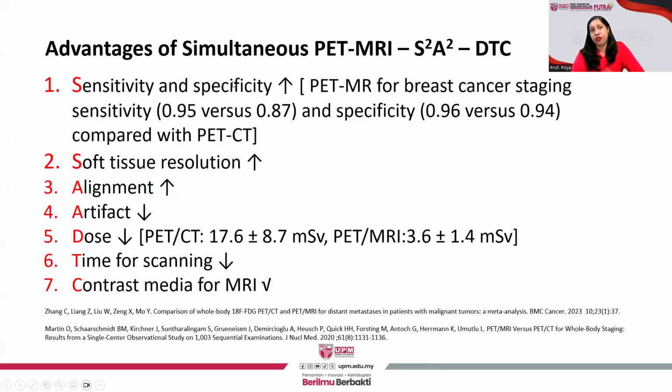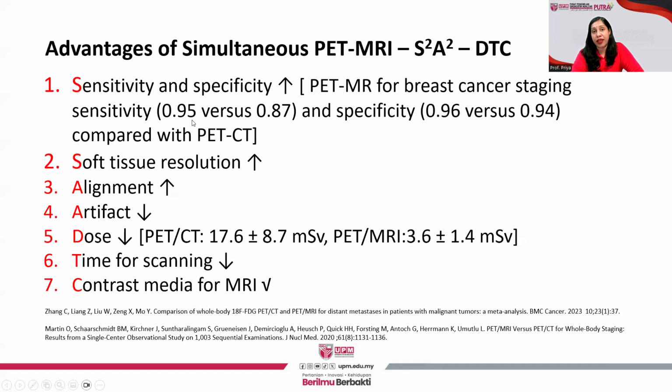The advantages of performing a simultaneous PET-MR acquisition can be summarized in S squared, A squared, DTC, where there is 2S, 2A, and DTC. S stands for improved sensitivity and specificity, whereby PET-MR for breast cancer staging can have improved sensitivity of up to 95% with specificity of 96% as opposed to a PET-CT.